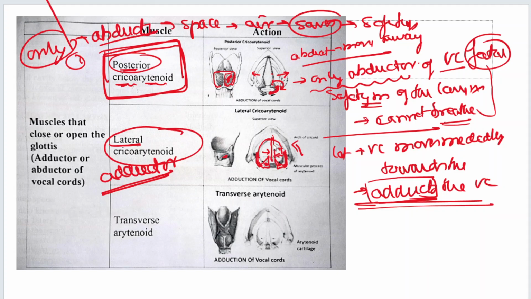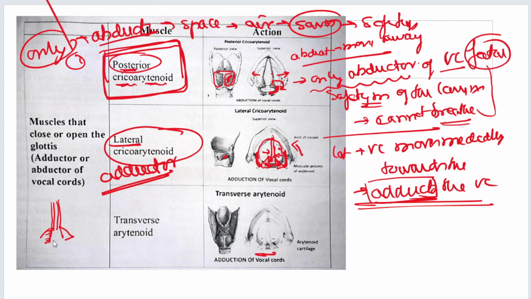If you observe, it is bringing both the vocal processes of the arytenoid together. But you are still having a space in between the two arytenoids. Okay, so suppose the lateral cricoarytenoid functions, then both the vocal cords are coming together, but both the arytenoids are still far away from each other.